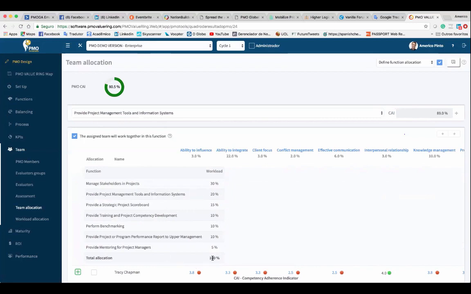So it's very useful because you can see that Maria now is totally fully allocated. So if we assign Maria to another function, possibly she will not have enough hours of work to spend with this new function. Okay, that's it.